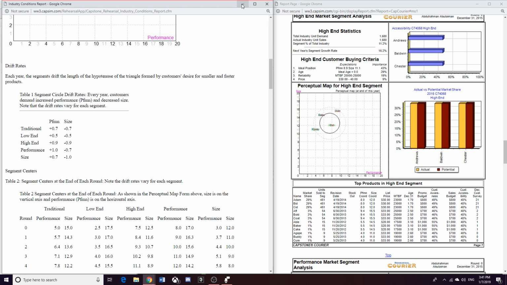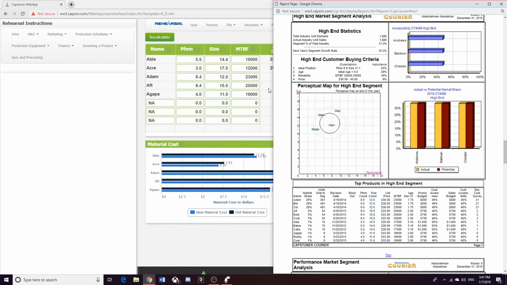So we want half of that. So we say 11.1 minus 0.45.